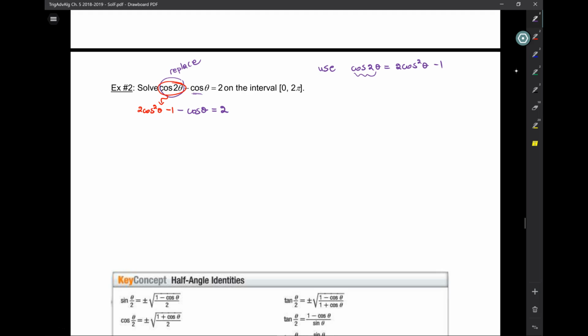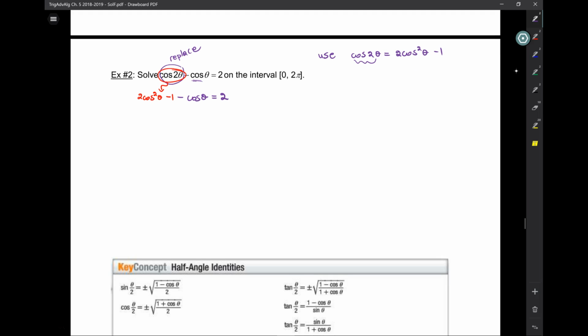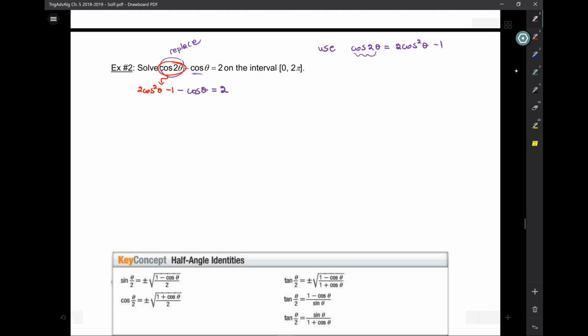Okay, so now look at what we've got. Yeah, it looks a little bit more complicated. That's because we haven't really worked with it yet. But look at what we have. You have cosine, cosine, single theta, which is what I want. Okay, now let's see what I could clean up here. I have 2 cosine squared theta. And can I just swap the order and say negative cosine theta negative 1 equals 2?